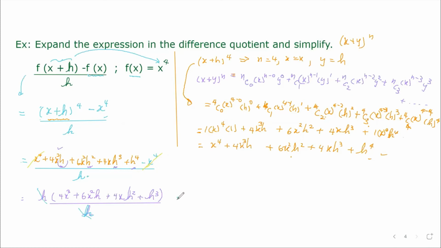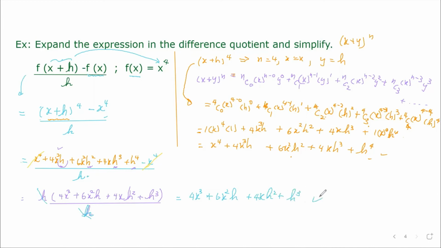So the final answer for this expression: to expand this expression in difference quotient and simplify. We simplified already and expanded already. So this is the final answer. The final answer is going to be 4x power 3 plus 6x power 2 h plus 4x h power 2 plus h power 3.